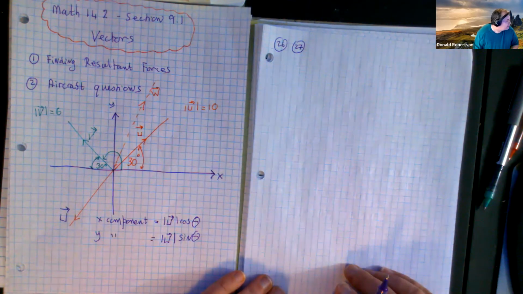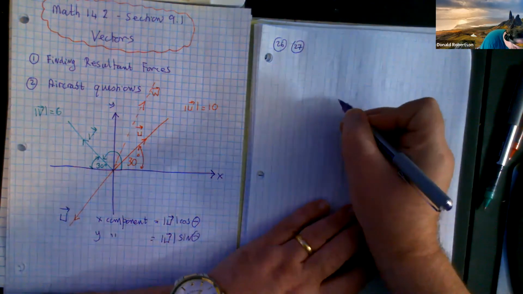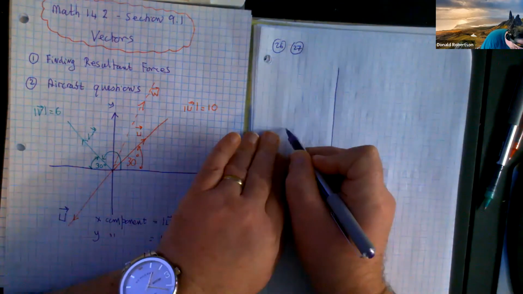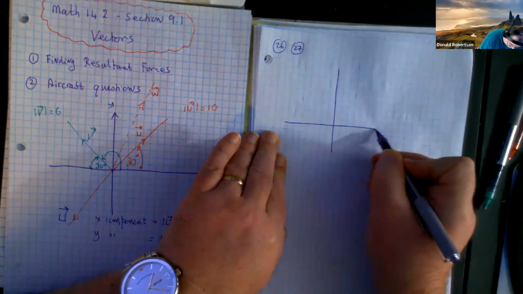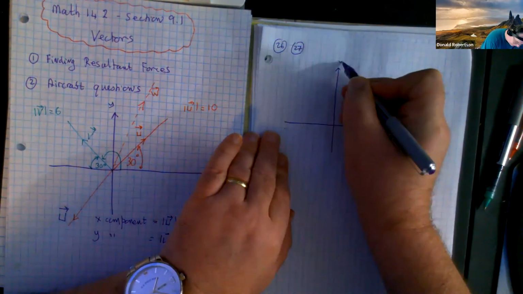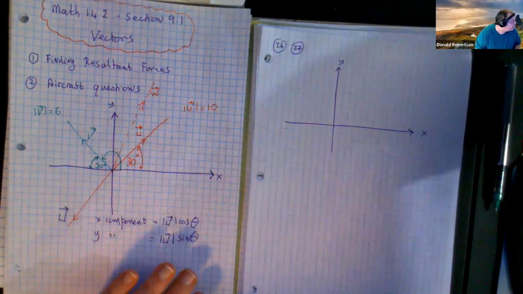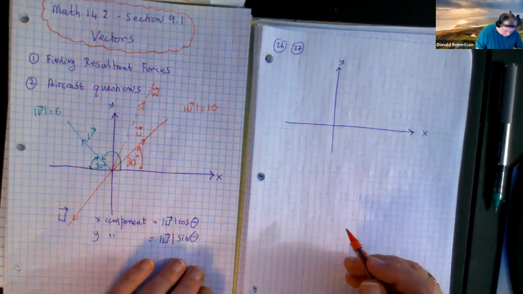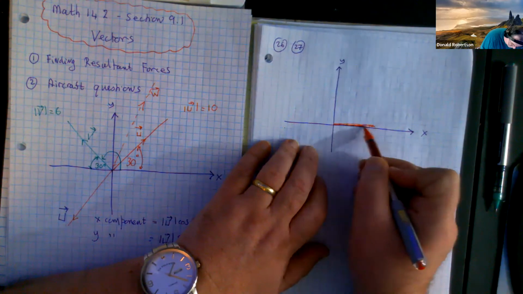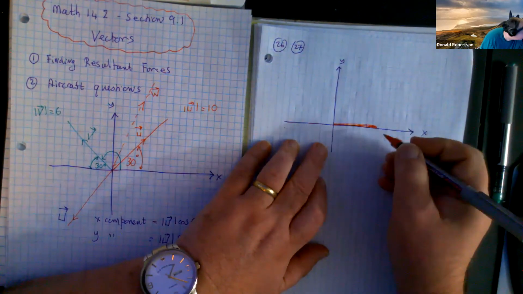A pilot heads due east. I'll put my axes in first. A pilot is going due east at 450 miles an hour. So he's going this way. What am I going to call this guy?